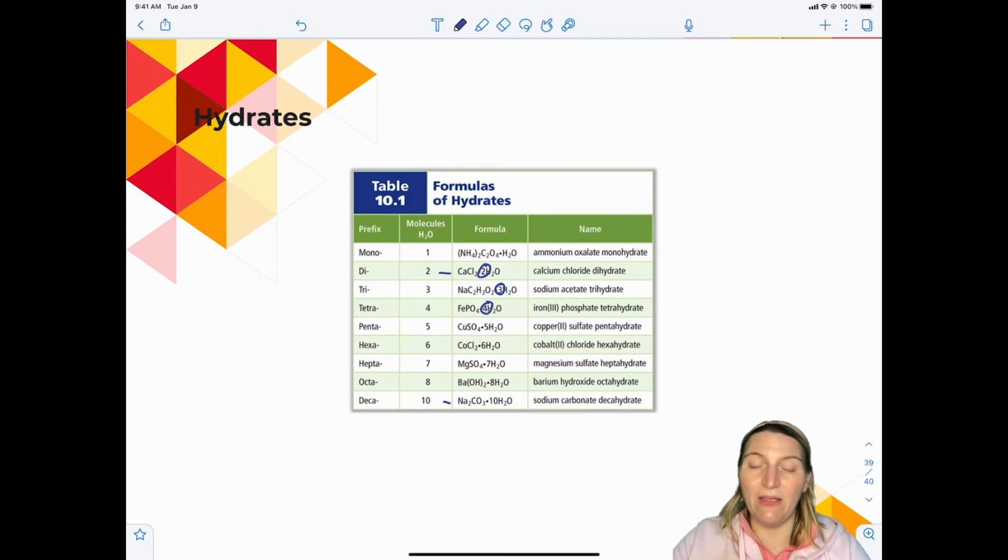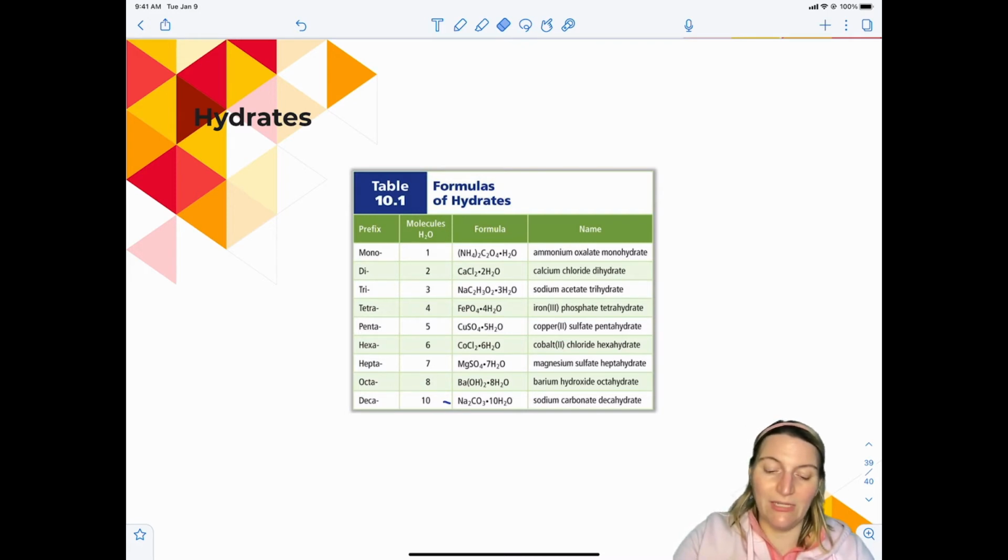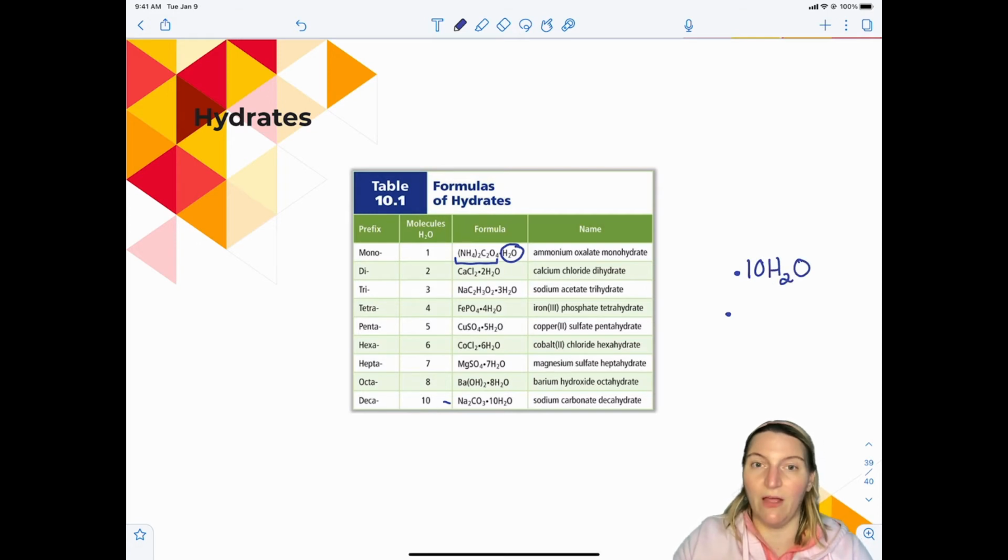And how we give a name for that is we use mono, di, tri, tetra, depending on how many water molecules there are. How we symbolize that is we have the ionic compound's formula and then a dot, and then the number of H2O. It's not a period. It's a dot sort of in the middle, between where the bottom line is and the top line is.